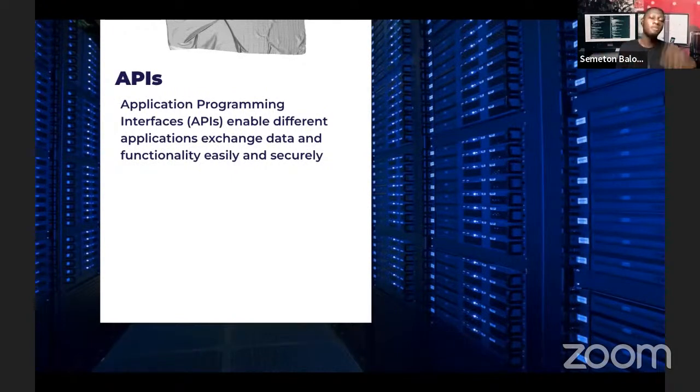So you build the login API, and it's already served somewhere on a server, and your front-end application can then send that information through that route and log the person in, and then, oh, we now know who this person is. This is Semeton Balogun, welcome to our application. You can do this, you can do that, based on your subscription level. Oh, you can't do that, you're not allowed to do that, stuff like that.